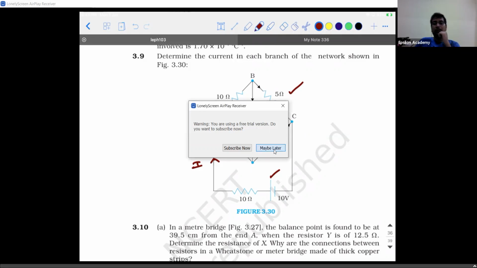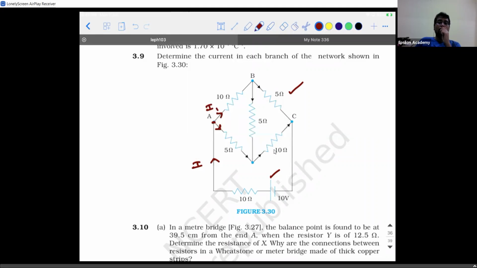If I is the total current supplied by the battery, and I1 is the current through the 10 ohm resistor, then how much current will flow through the 5 ohm resistor? Is it not going to be I minus I1?